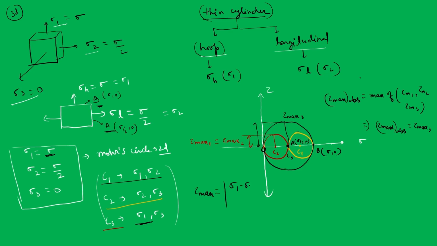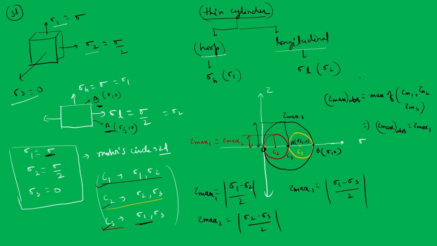The tau max is nothing but mod of sigma 1 minus sigma 2 by 2. Okay. So that is tau max 1. Tau max 2 is mod of sigma 2 minus sigma 3 by 2. And tau max 3 is mod of sigma 1 minus sigma 3 by 2. Okay, so we are taking the pair from here, so you can see for the reference.